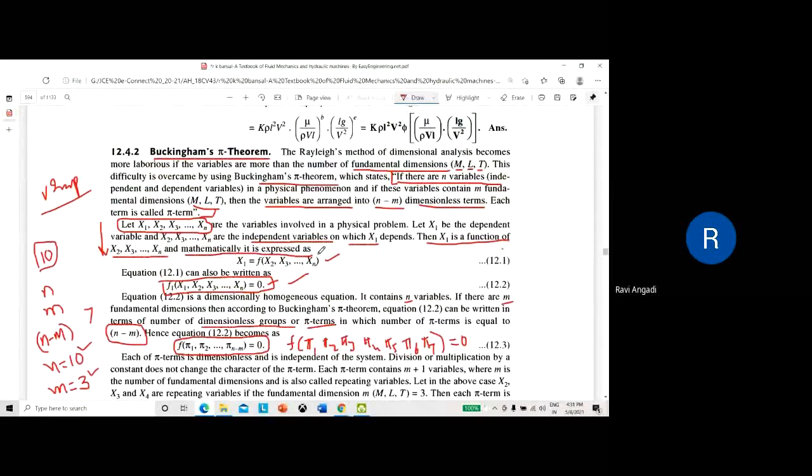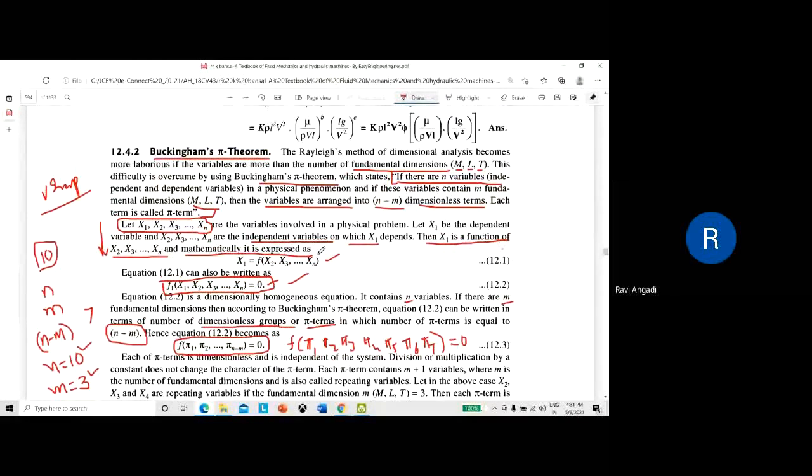It's very, very important. And if you are still not understanding, you will understand while solving the problem. But at least try to understand what is n, what is m, and what are pi terms. M means the fundamental dimensions involved in a system. N is the number of variables, both dependent and independent, involved in a system. Then finally we take n minus m.